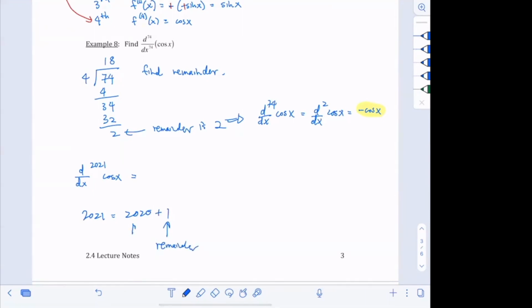This guy is divisible by 4. So this is the same thing as just the derivative of cosine of x, which is just negative sine x, as you guys said. Okay. All right. Great.